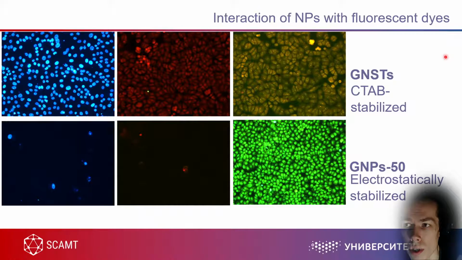So when we are using nanoparticles, you should always understand what your nanoparticles consist of, what the stabilization agents are, and in which manner they can interact with your staining and alter its results. Because sometimes you can obtain completely different and very strange results.